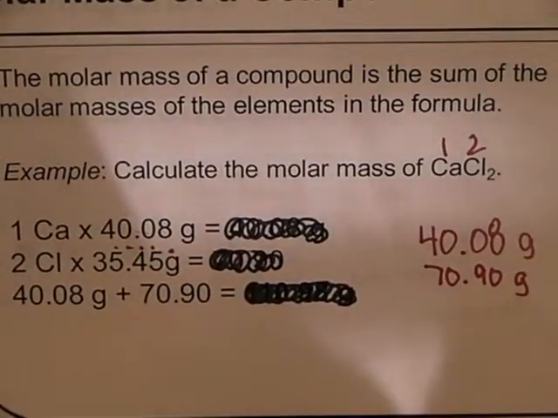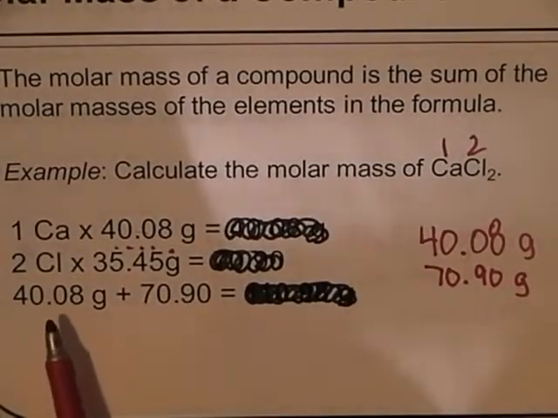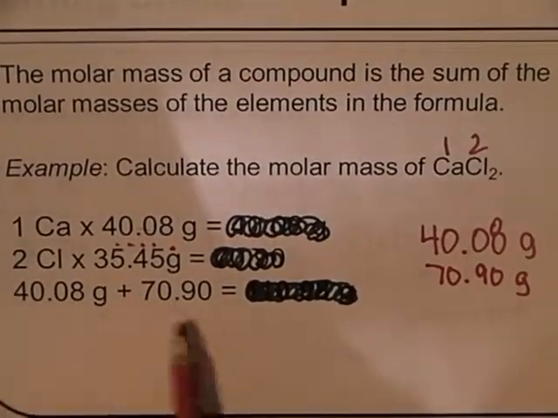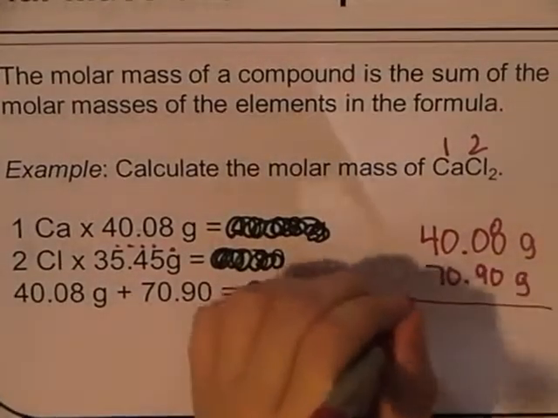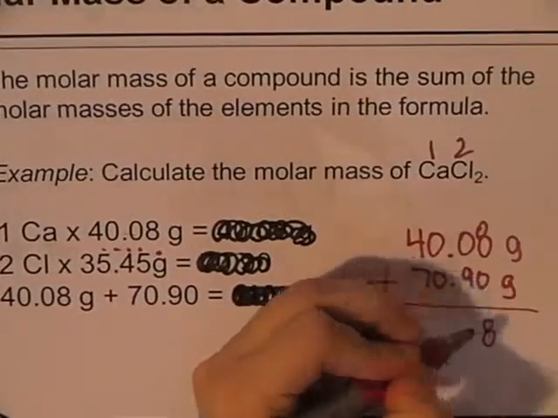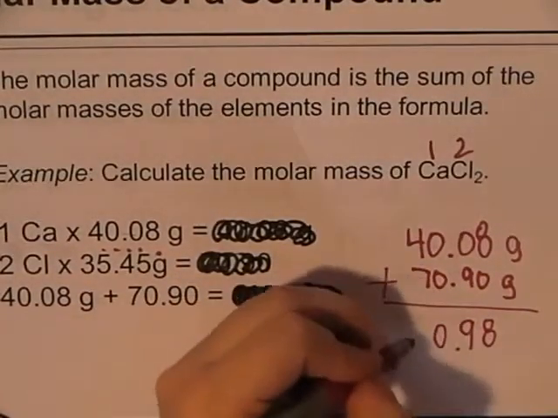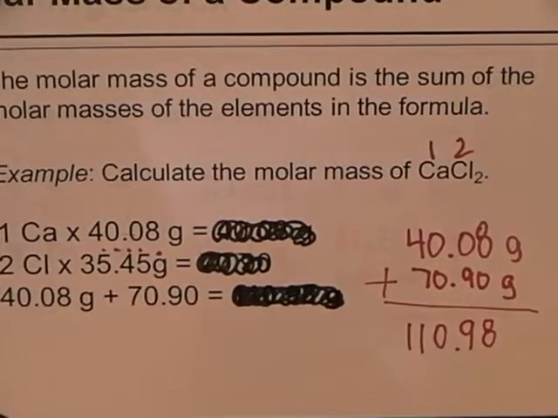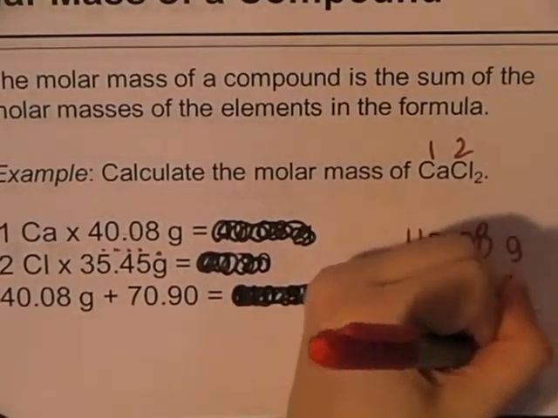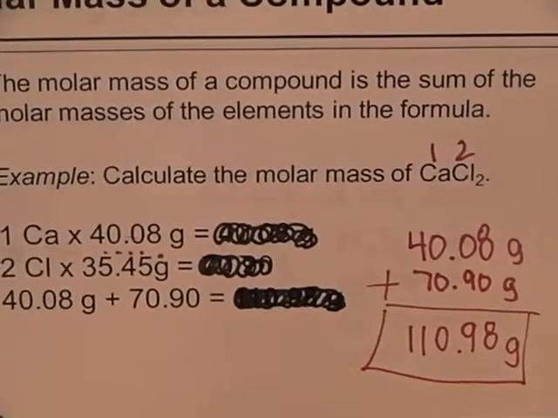Now, to find the complete molar mass, just add them up, just like it says there. Your complete final answer for the molar mass of calcium chloride is 110.98. That's as hard as this gets.